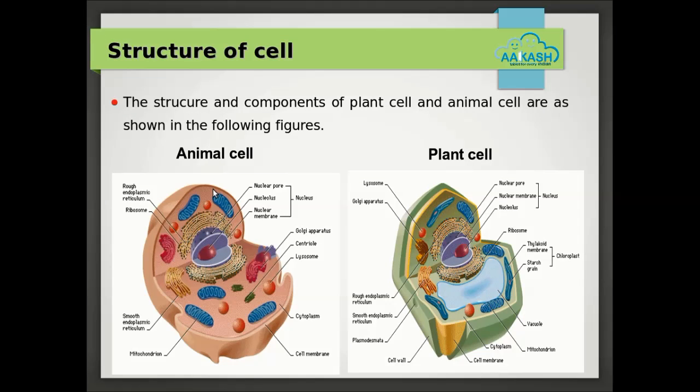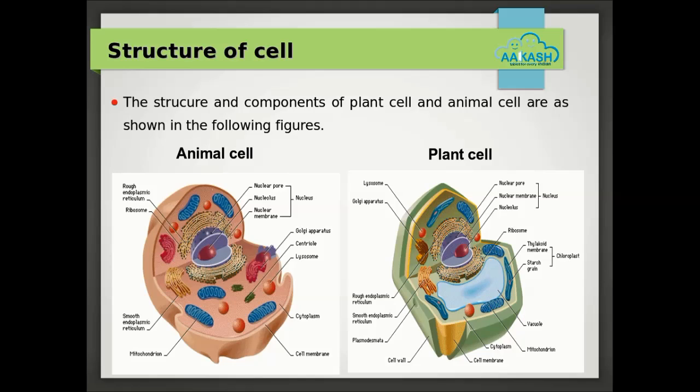The structure of cells. Here we learn about the structure of a eukaryotic cell as found in a typical plant and animal cell. The cell is made up of the following parts. First, cell membrane, which is also called plasma membrane. Second, cell wall, found only in plant cells.